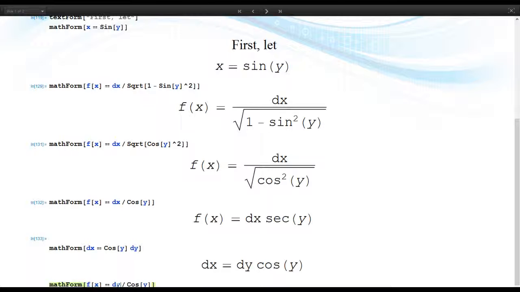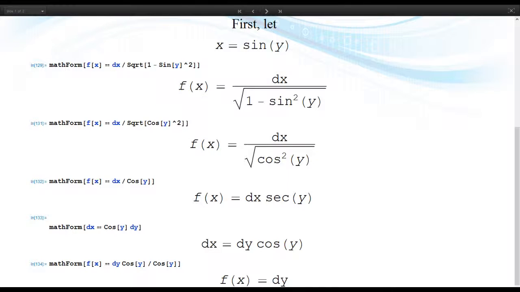So we get dy over cosine of y. But then the cosine in the numerator will cancel with the cosine in the denominator. And we just get f of x equals dy. And the integral of 1 dy with respect to y is y.